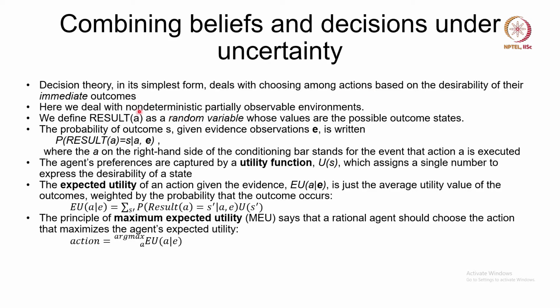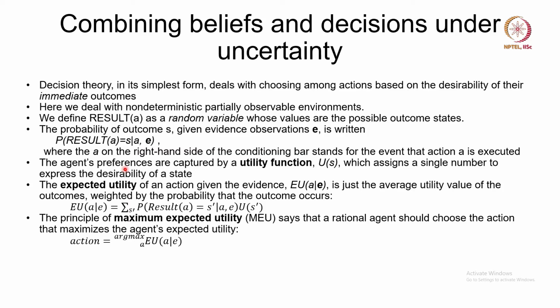Suppose you take an action A and we say Result(A), which is a random variable that tells you what is the outcome state which results from taking action A. Then the probability of getting an outcome S, given evidence E, you can write as P(Result(A) = S | A, E). Here A is the event of action A being executed.